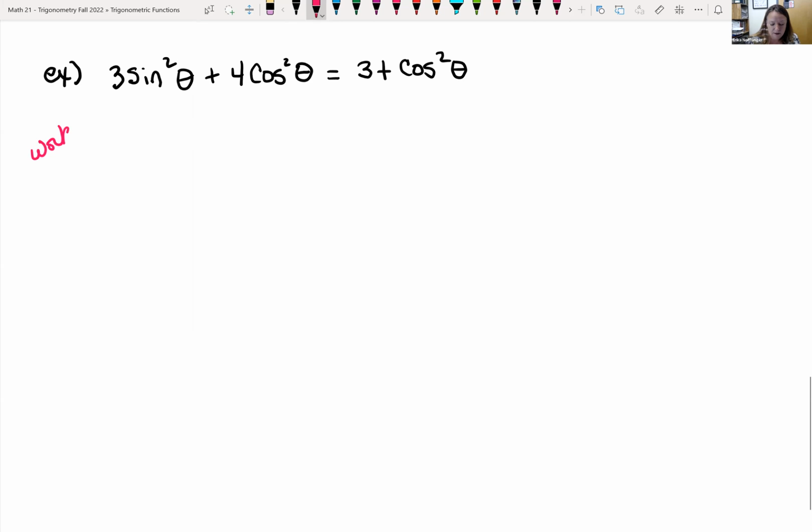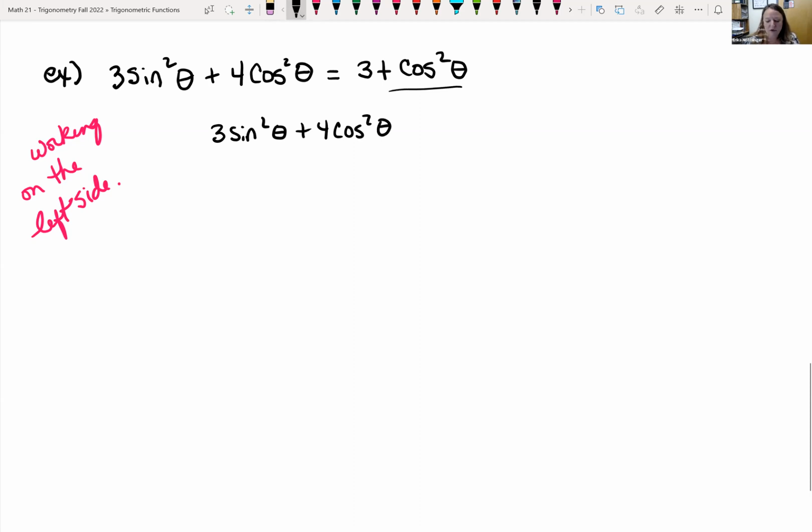So working on the left side, I want to manipulate the left side, 3 sine squared theta plus 4 cosine squared theta, to look like 3 plus cosine squared theta. So let's first rewrite this left-hand side just in terms of cosine squared theta.